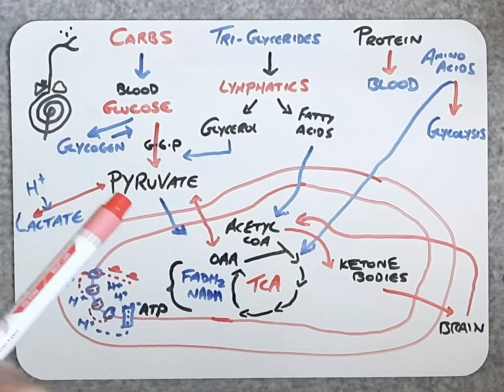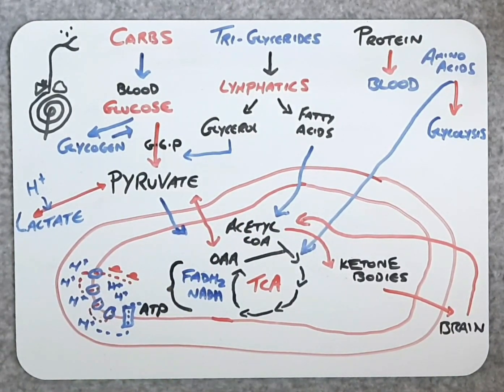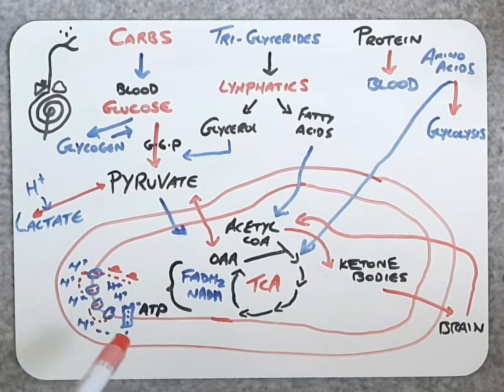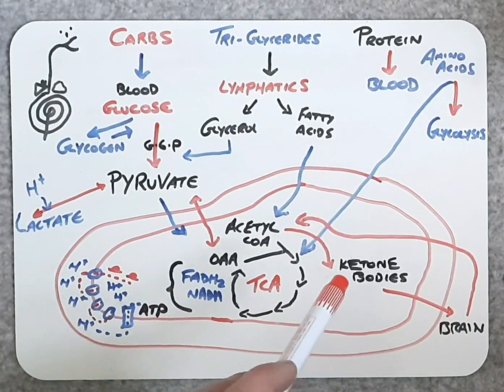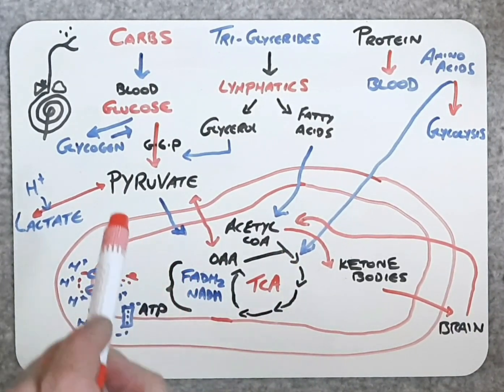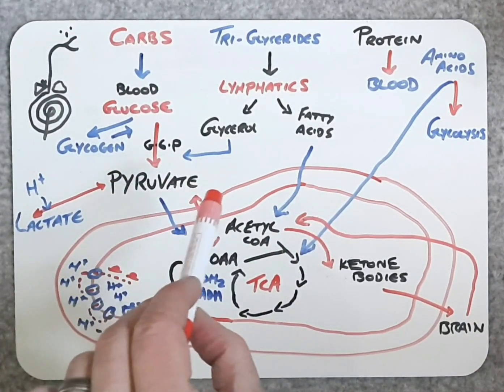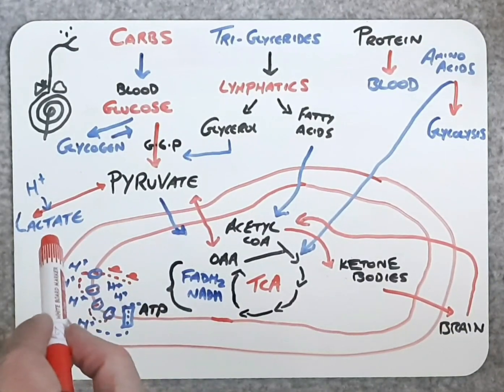Everything here requires the oxygen to work its magic, breaking down the chemicals. What happens if we don't have oxygen then? Everything starts to back up, all the way back to pyruvate. And then pyruvate turns into lactate.